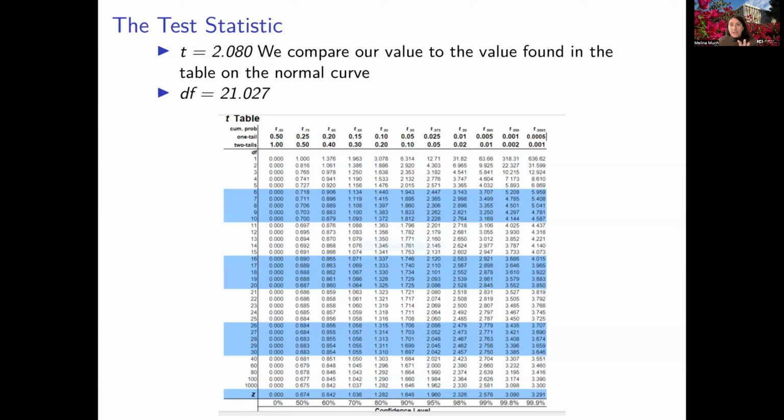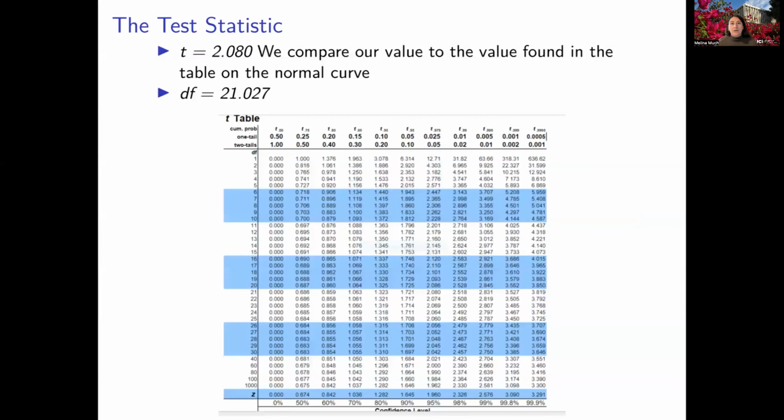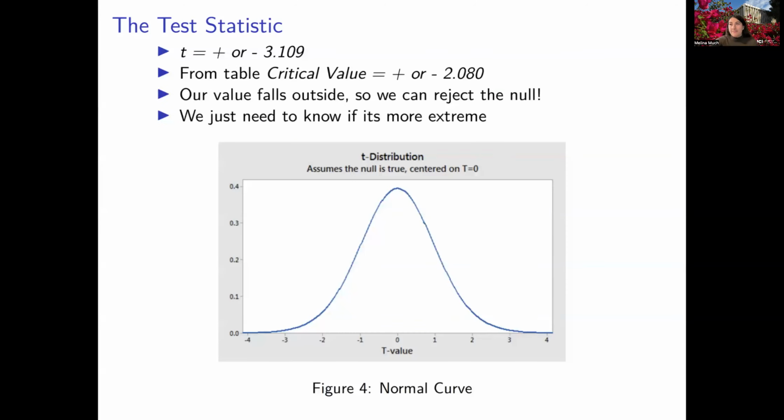So we have a critical value of 2.080, and then we have a test statistic, or t-value, of -3.109. R is going to be doing some comparisons to see whether or not we can reject our null hypothesis based on this comparison that I'm going to walk you through now. So again, our test statistic is 3.109, and we'll do plus or minus because it's two-tailed.